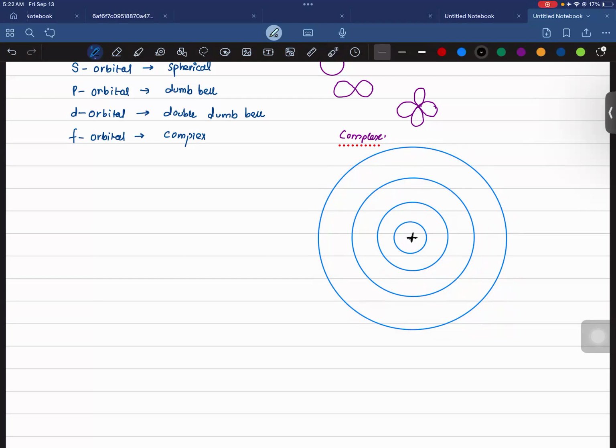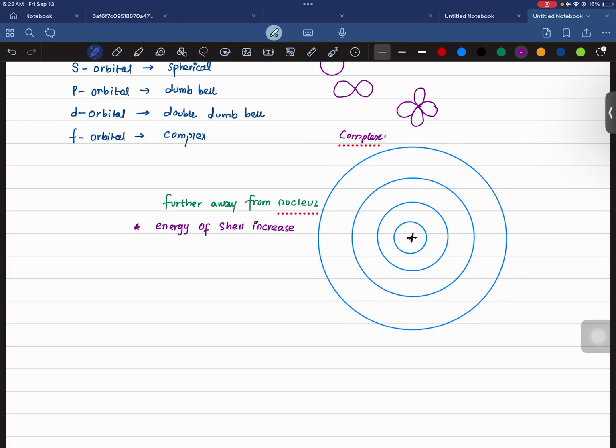The point is that when you are going further away from the nucleus, number one, the first point, energy of the shell. Can you tell me if it increases or decreases? Yes, it increases.